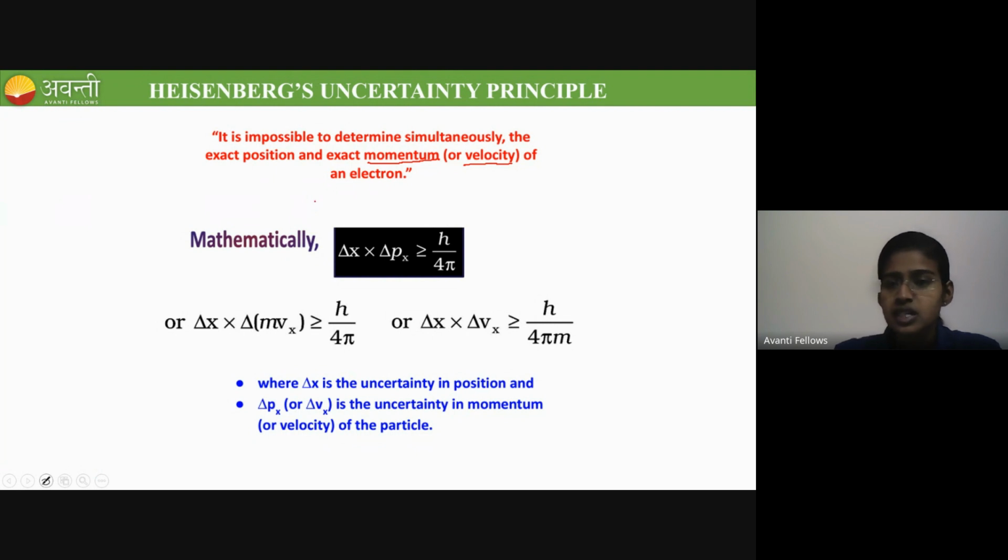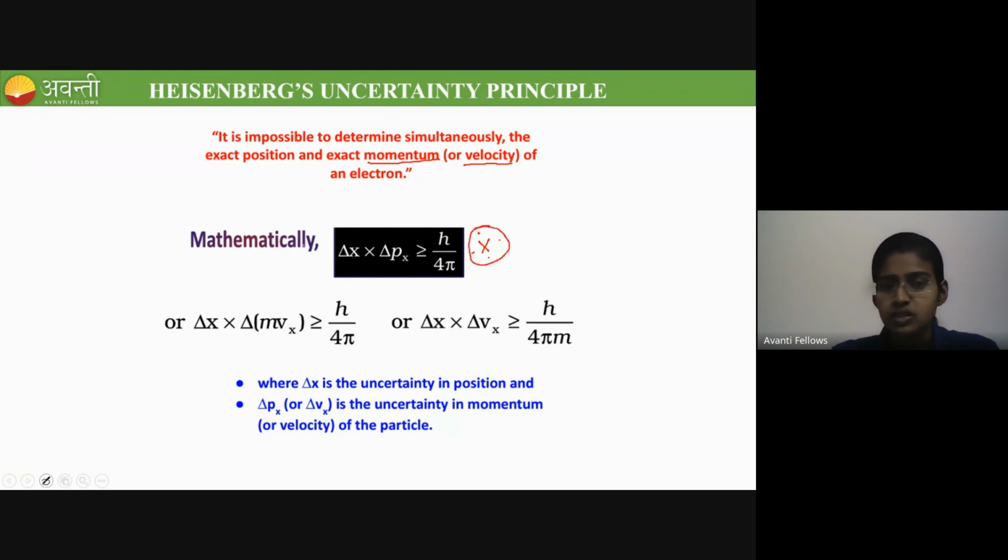So position is denoted by the letter x and the momentum is denoted by the letter p. Okay, so delta x into delta p is greater than or equal to h by 4 pi. This is the mathematical relation we are deriving from Heisenberg's uncertainty principle.